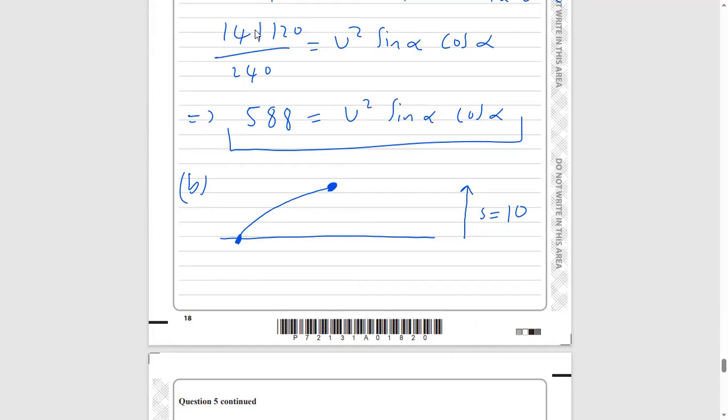Now we know our initial speed vertically. So we're thinking about vertical motion here. I'm going to put a subtitle, vertical suvat. So we've got displacement 10, initial speed vertically of u sine alpha, what we had before, and an acceleration of negative g.